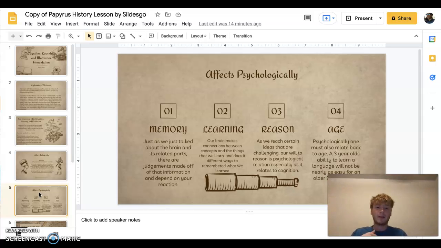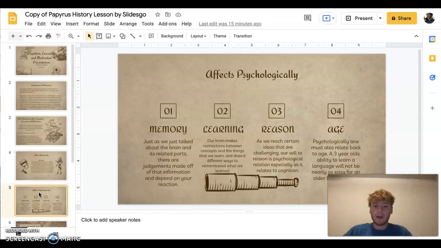But memory is related because there are certain judgments made on ways that you learn that are affected by how your brain processes certain cognitions and certain learning topics. The way that your brain holds that looks different based on how you process stuff.